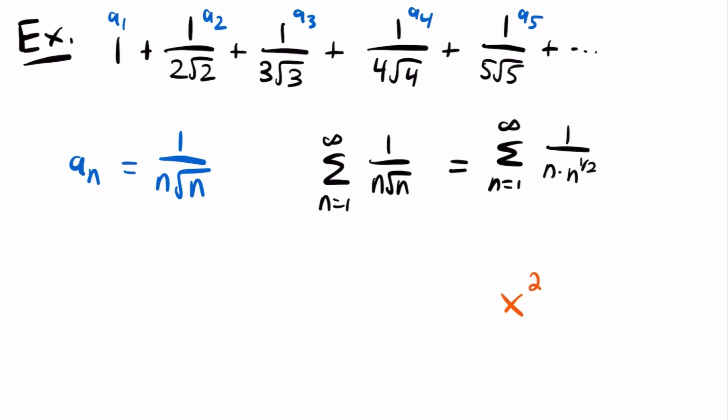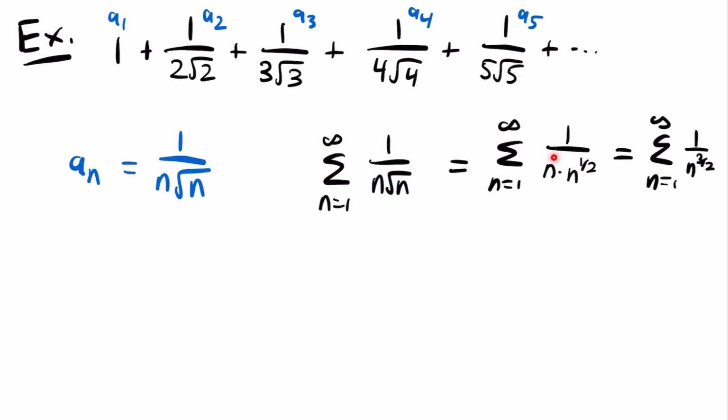When you have x squared times x to the 3rd power, that's equal to x to the 5th power because you add the exponents. And so n to the 1st power times n to the 1/2 power will be equal to n to the power of 1 plus 1/2. And 1 plus 1/2 is 3/2, and so this is equal to the sum from n equals 1 to infinity of 1 divided by n to the 3/2 power.